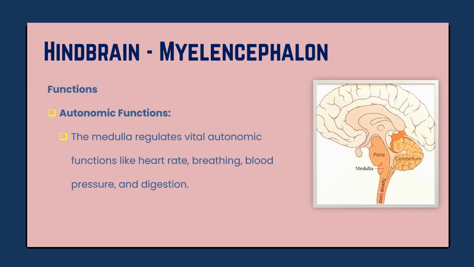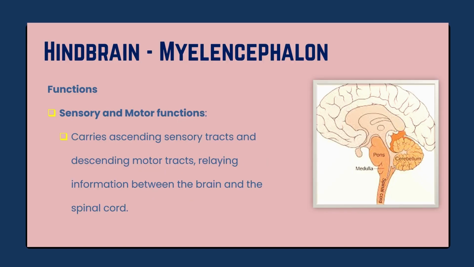What are the functions? Let's look at the different functions of the medulla. First is autonomic functions. Medulla regulates vital autonomic functions like heart rate, breathing, blood pressure, and digestion. Sensory and motor function. It carries ascending sensory tracts and descending motor tracts. We have talked about it already in our previous video, right? What is ascending sensory tracts?